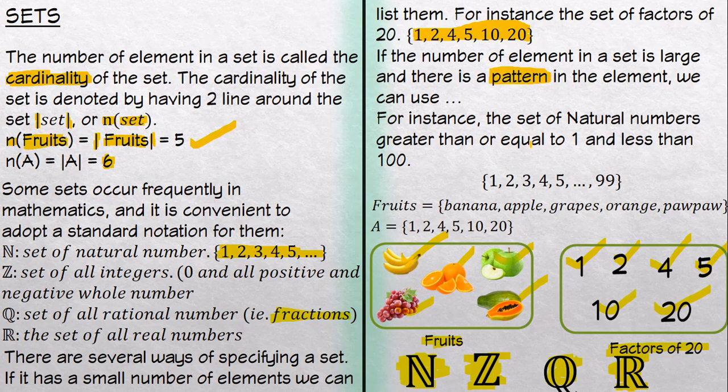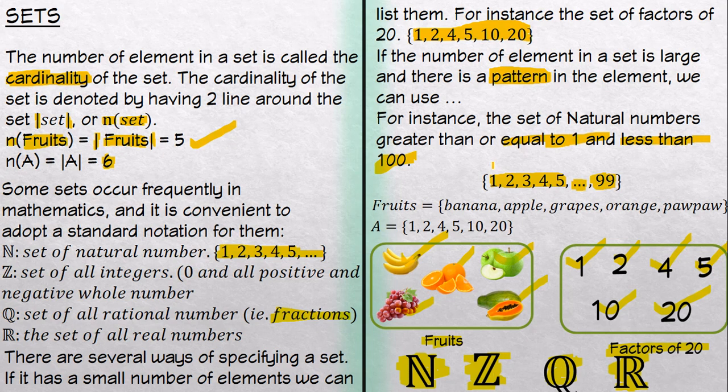If we are to list down all of these numbers, you realize that it will take a lot of time. So what we have to do is write down a few elements in the set, then bring our 3 dots. Then we bring our last element, which is going to be 99, because we said less than. So the last element over here is 99.